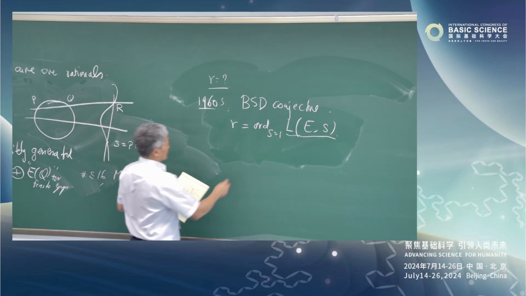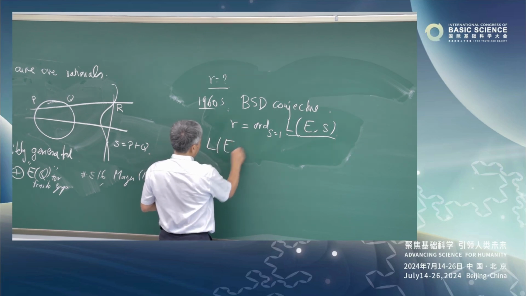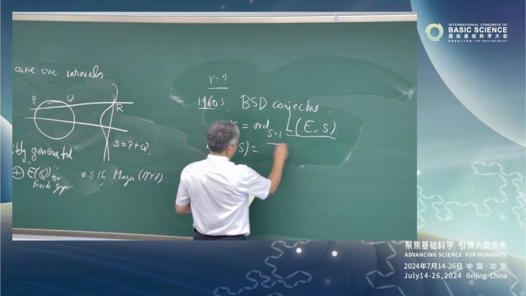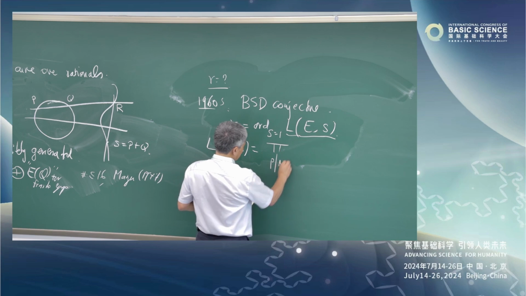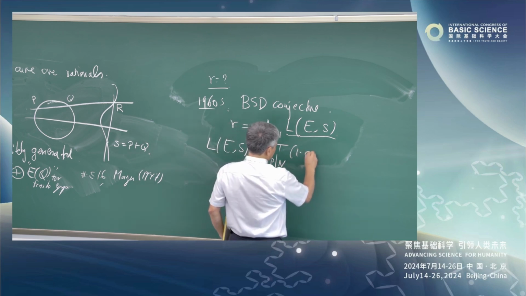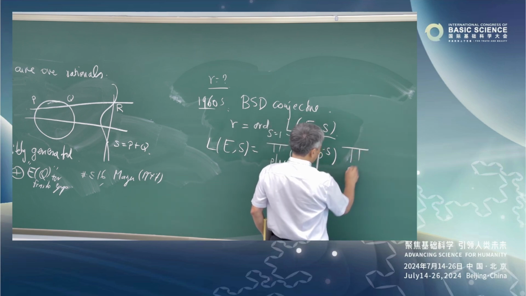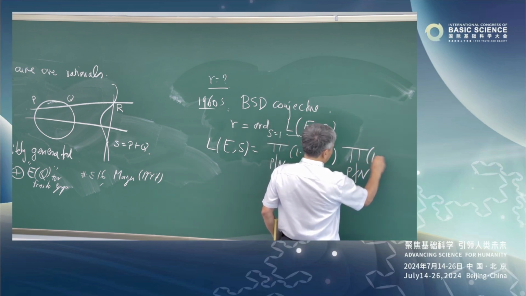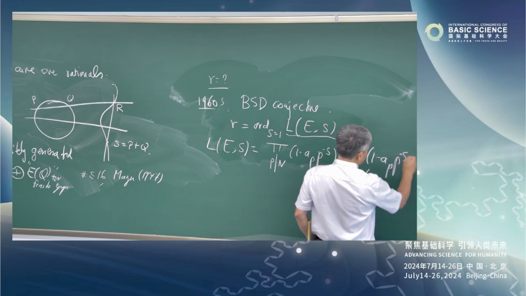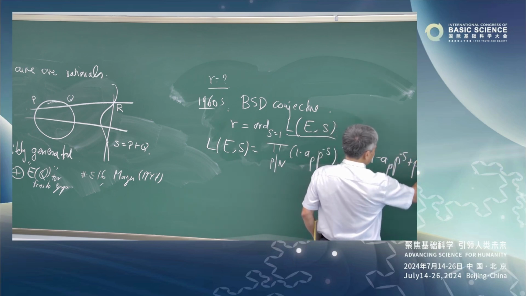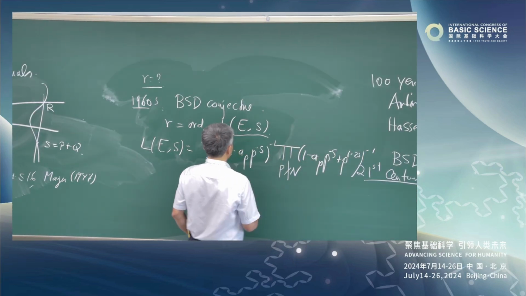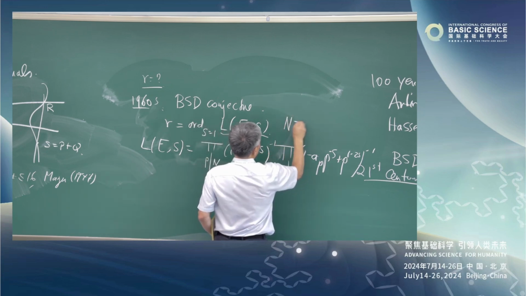So let's say this L(E,s) is the product over p dividing N of (1 minus a_p p to the minus s), and over p not dividing N of (1 minus a_p p to the minus s plus p to the 1 minus 2s). N is the conductor.